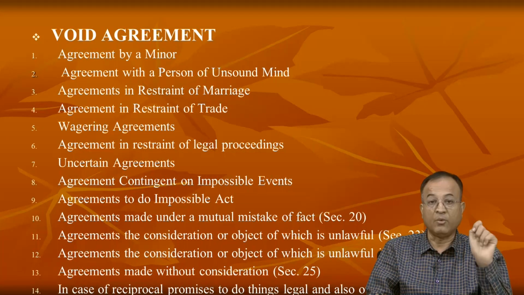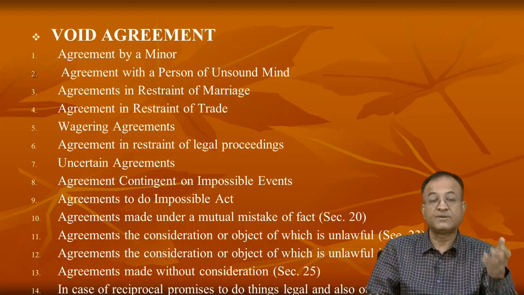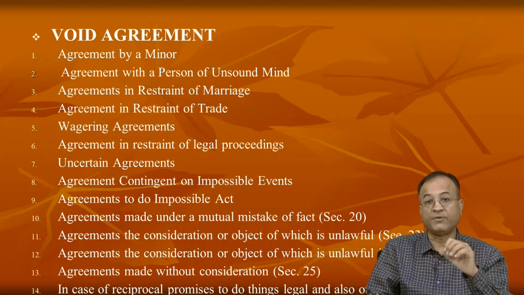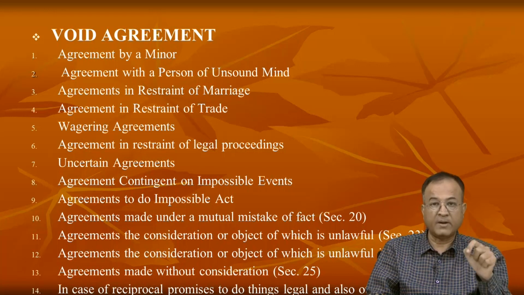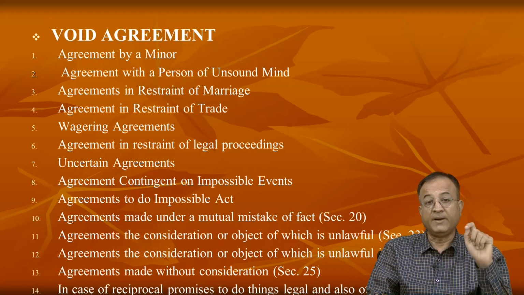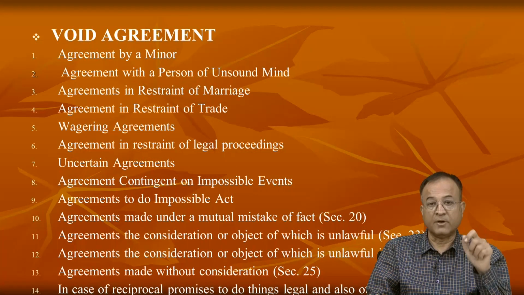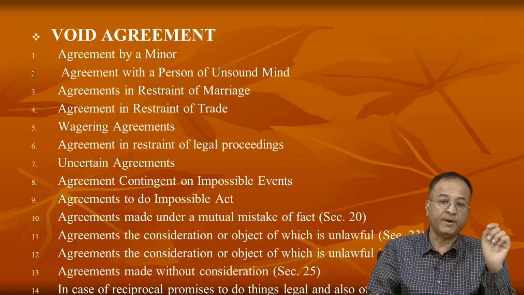Betting is a wagering agreement as it relies on an uncertain event and only one of the two parties benefits from it, as any one's gain would be the other's loss. Hence, it defeats the rule of contract and is considered void.